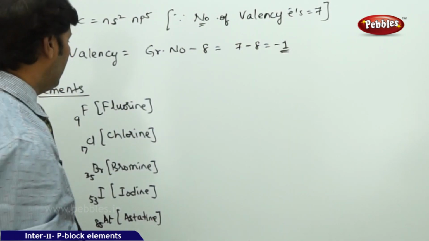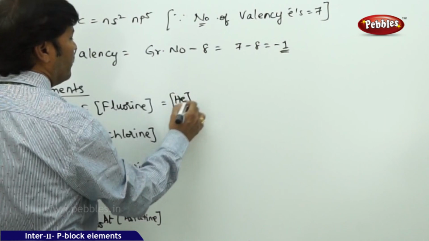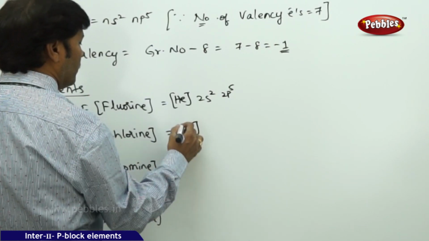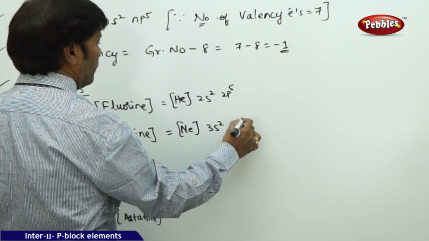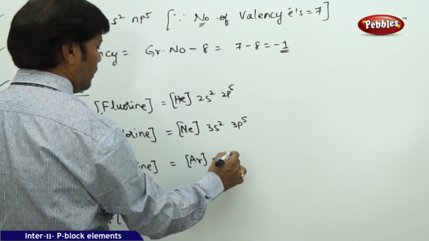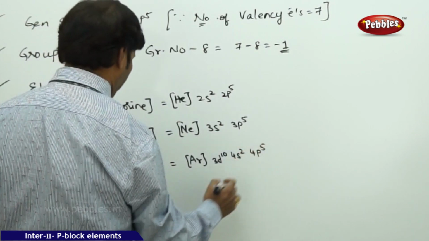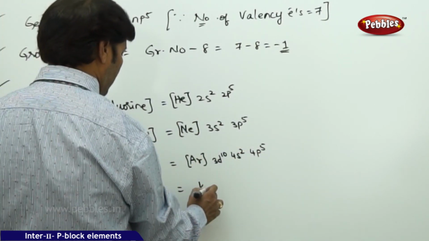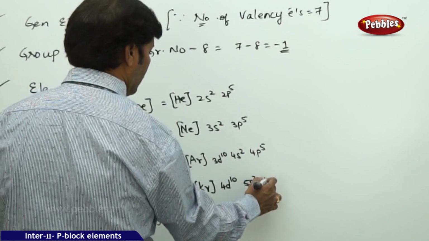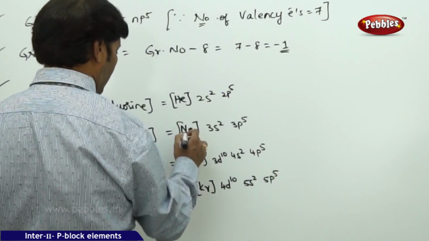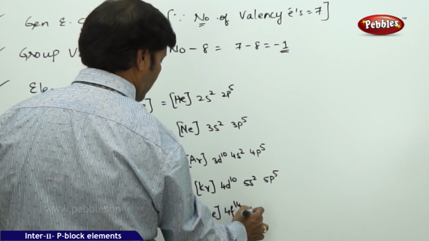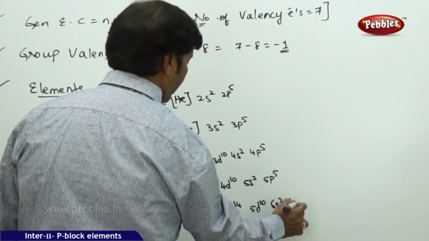So the general electronic configuration: fluorine is helium 2s2 2p5, chlorine is neon 3s2 3p5, bromine is argon 3d10 4s2 4p5, iodine is krypton 4d10 5s2 5p5, and astatine is xenon 4f14 5d10 6s2 6p5.